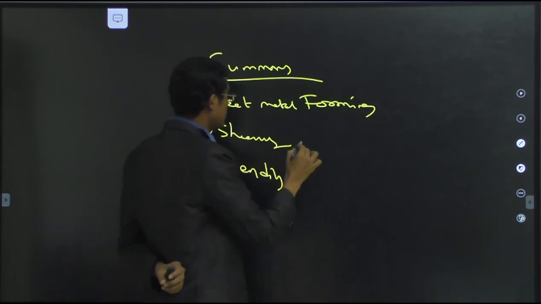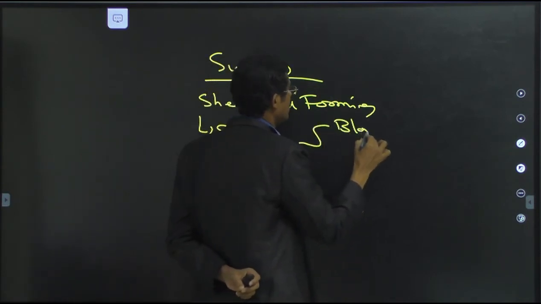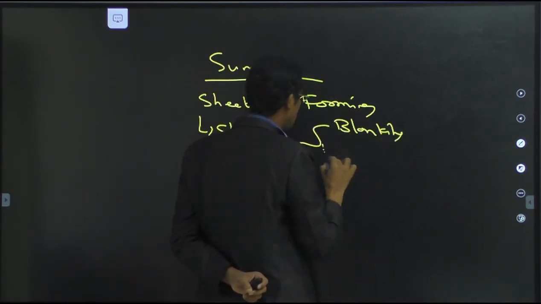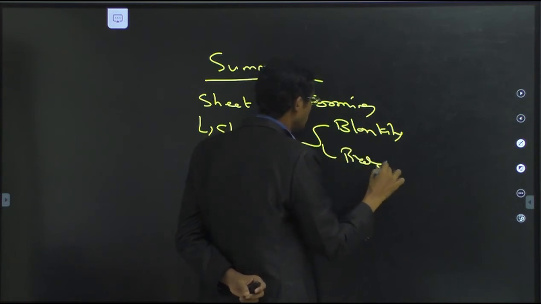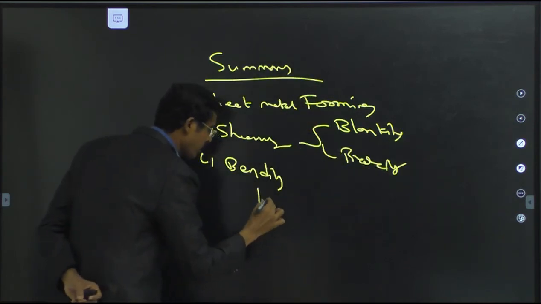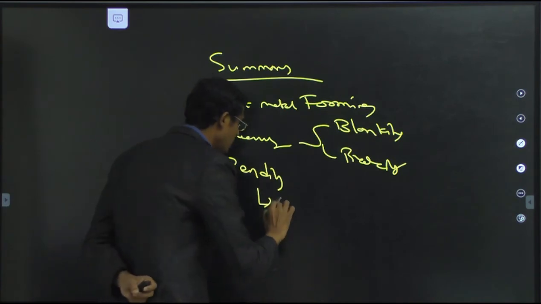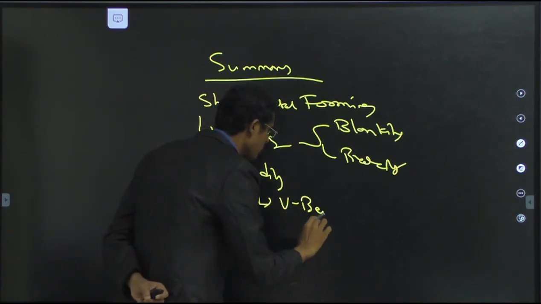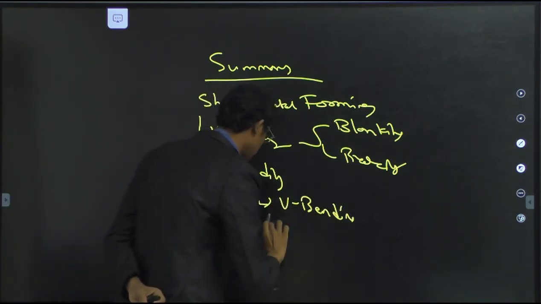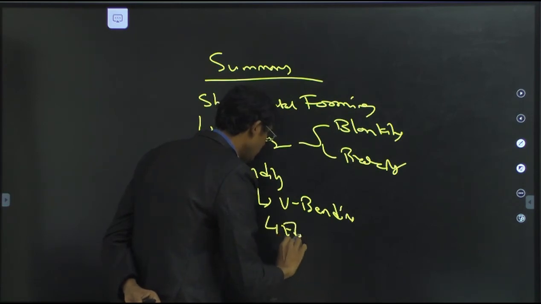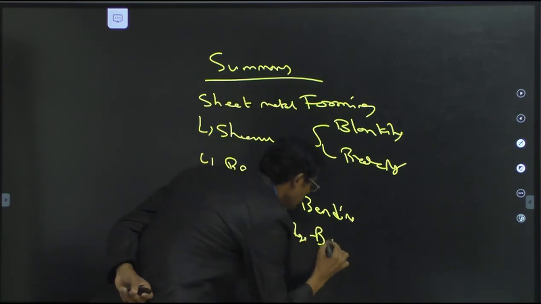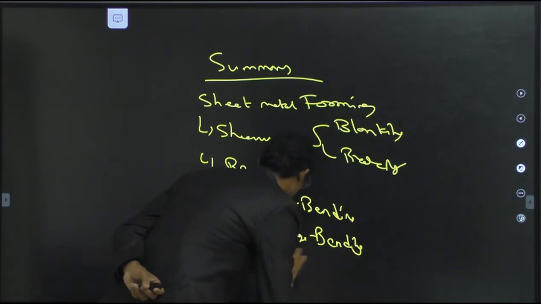In shearing we have seen blanking and piercing, and in the bending operations we have seen V-bending, edge bending, roll bending.